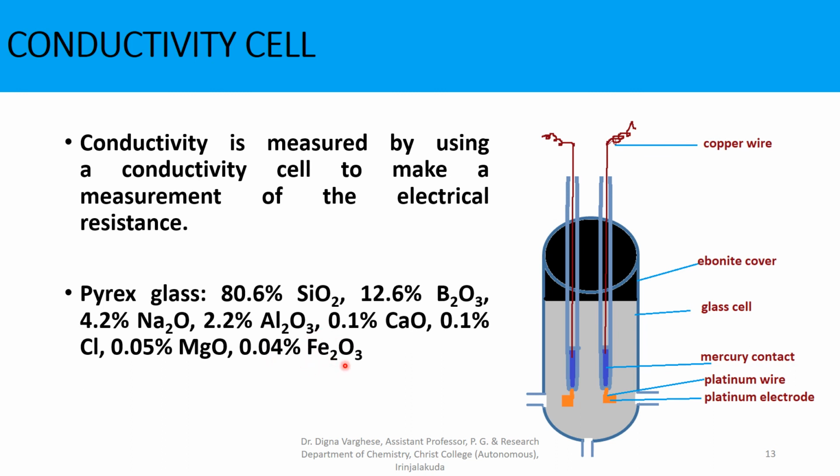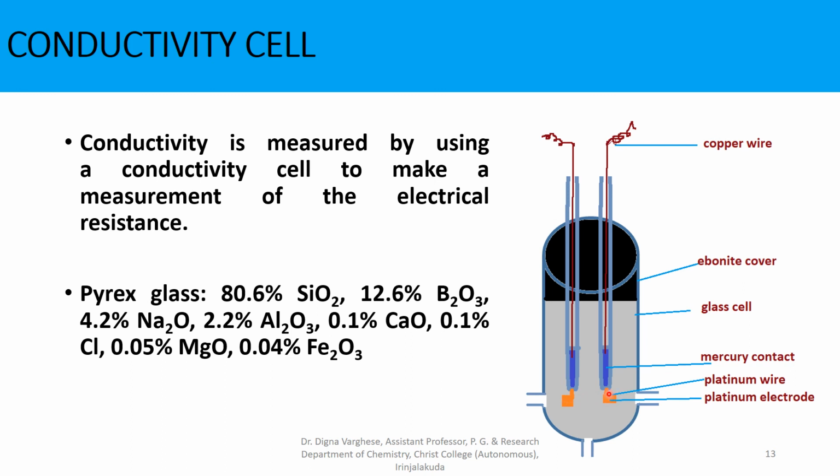So, these conductivity cells are made of Pyrex glass, which is fitted with two platinum electrodes. These platinum electrodes are welded to platinum wires.